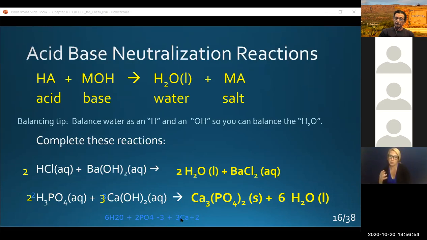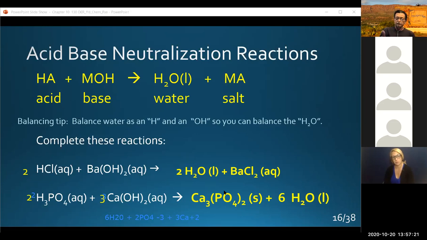Because calcium has a +2, I need 3 of those to balance out the total -6 of the phosphate, which means I need 2 of the phosphates. So my formula is calcium, subscript 3, parentheses, phosphate, subscript 2, calcium phosphate, plus 6 molecules of water.